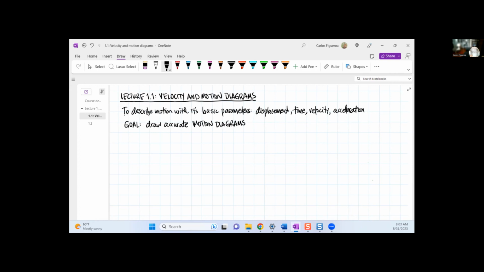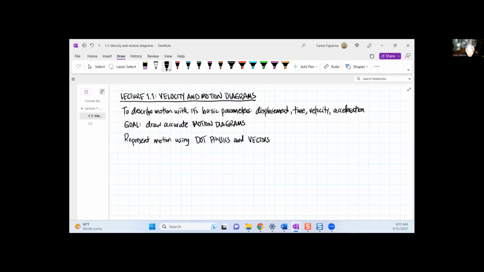To get to motion diagrams, we want to represent motion using what I call dot physics and arrows known as vectors. So that's where we're headed here.